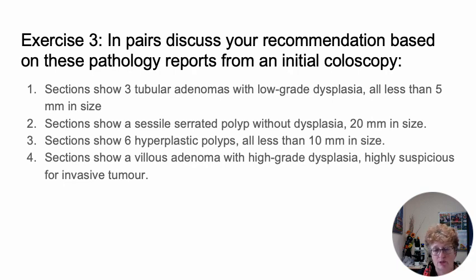Clearly, this person's got a big serrated polyp. This person has got multiple small hyperplastic polyps. And this one has got a villous adenoma with high-grade dysplasia, highly suspicious for invasive tumour. So when you see this, what you don't do is refer them back to the screening program. This person needs to go straight to a surgeon to have that investigated.